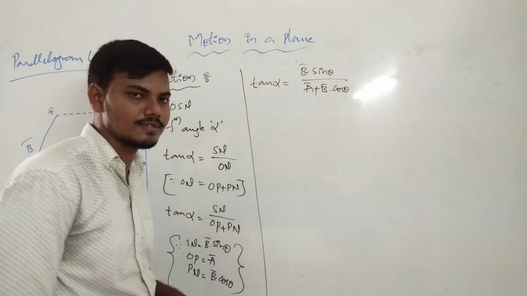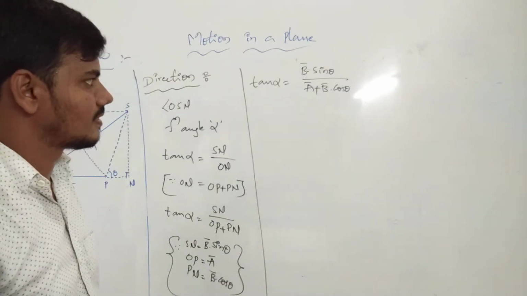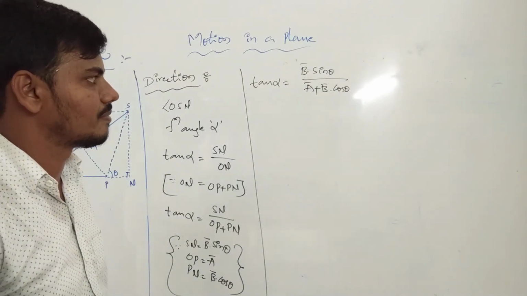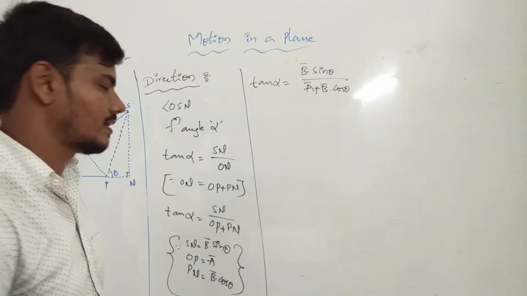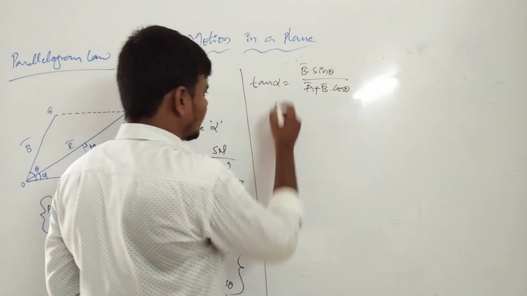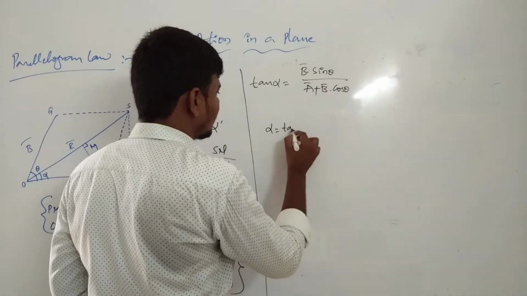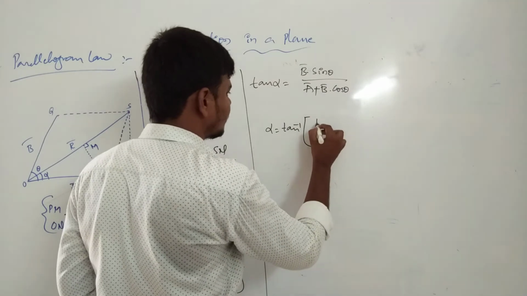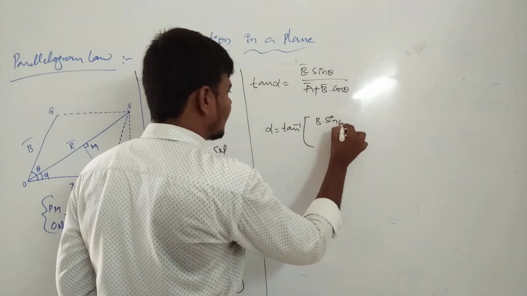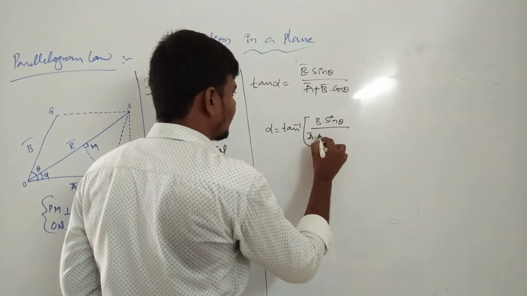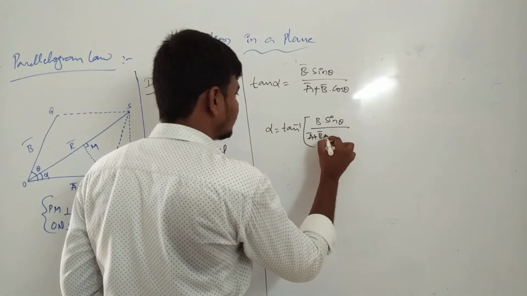So alpha is equal to tan inverse of B sin theta by A plus B cos theta.